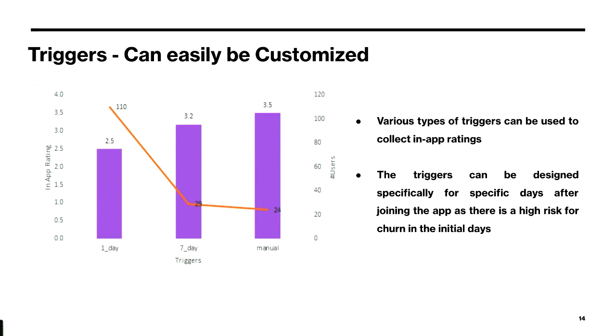You can actually do it at a feature level. Not every time they use a feature, but you can try to understand for each feature what the sentiment score is, and then also at an overall app level as well. You can also set these triggers based on your churn rate. Let's say I've identified that day 7 is where people are more likely to churn.